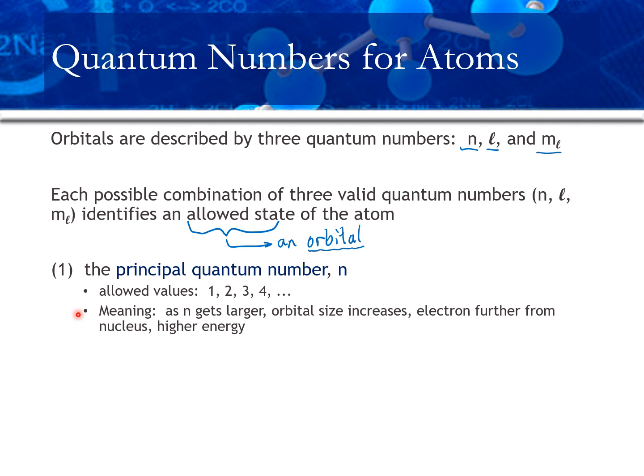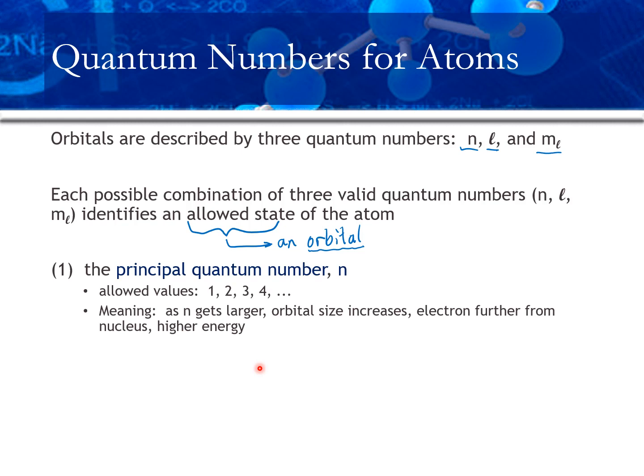There's an infinite number of them, but happily we only have to deal with the first handful of them to describe atoms. The meaning of the principal quantum number is very similar to what it was for the Bohr model. As n gets bigger, the orbital size increases. That means you have to look in a larger region of space around the atom to have a reasonable chance of finding the electron. So the electron is on average further from the nucleus, and higher values of n give a higher value of the energy.